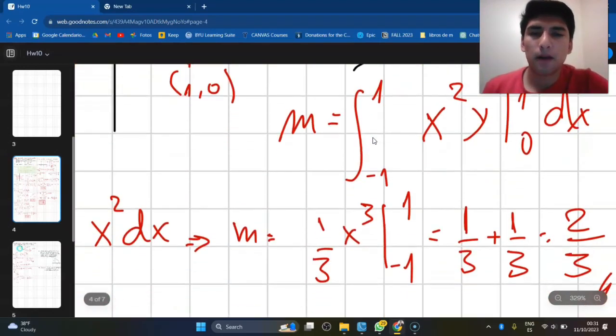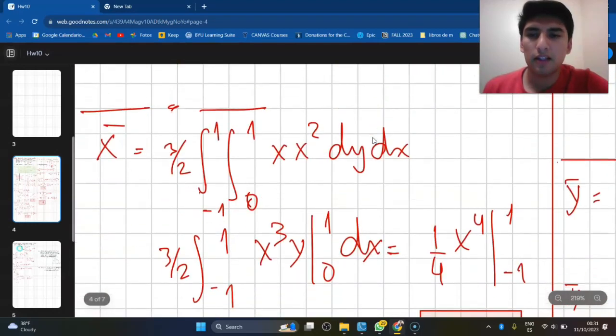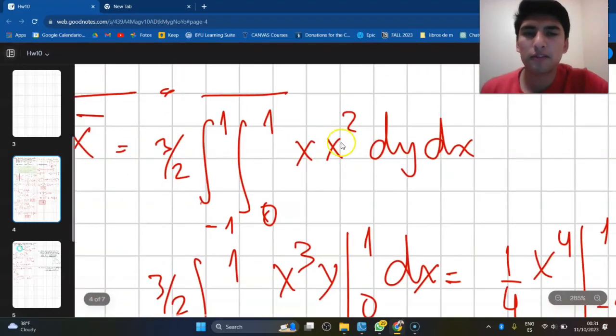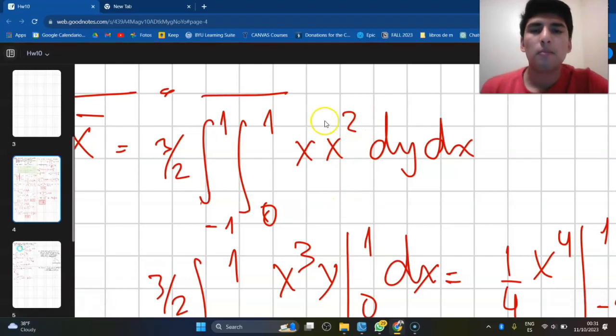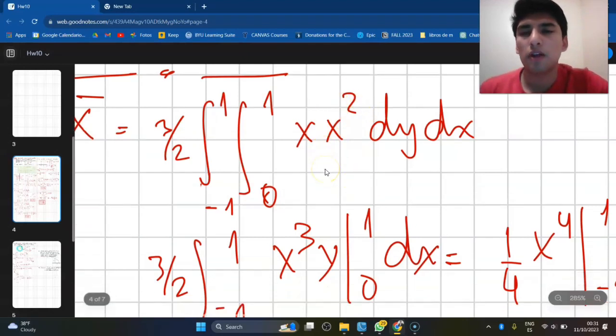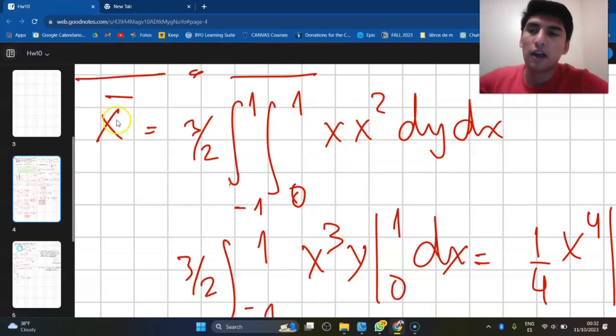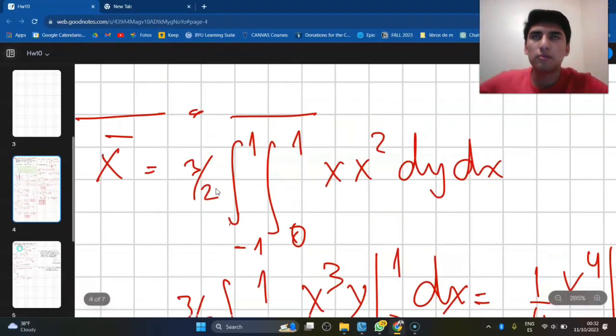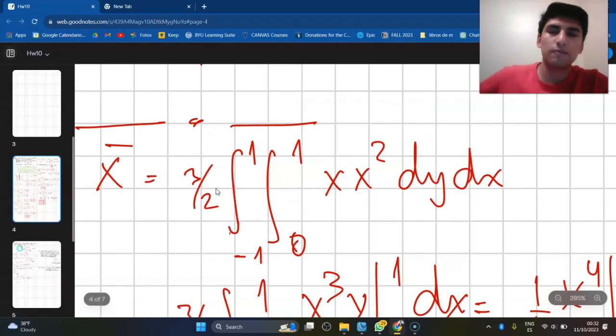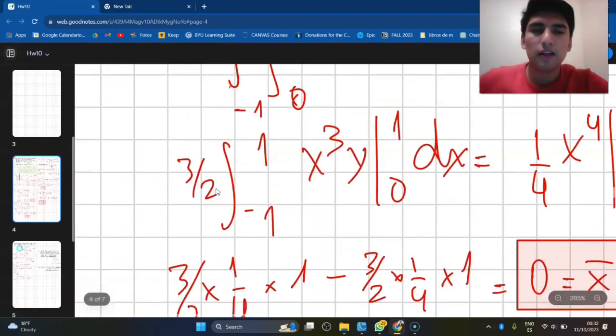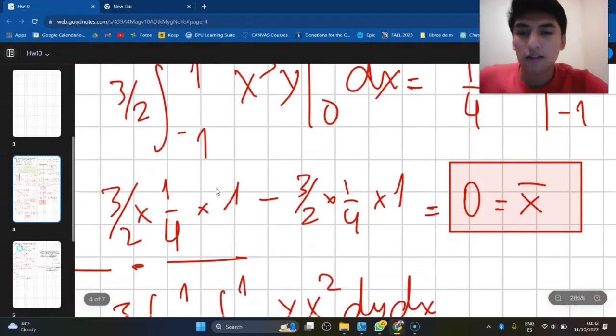It's going to be just like this. We have x squared, and we are adding an x variable because we're finding the center of mass with respect to x, and then multiplying everything by 3/2, which is 1 over 2/3.